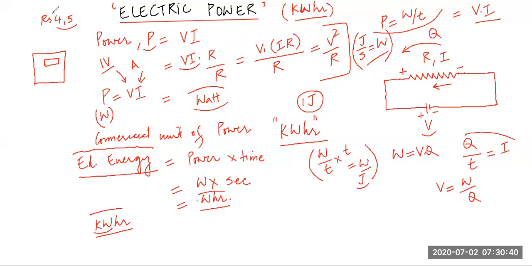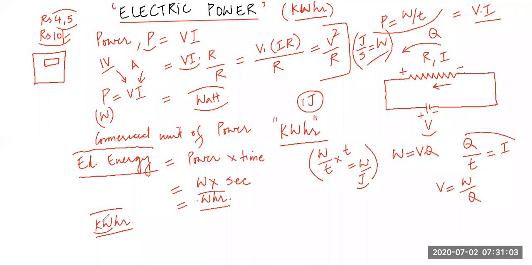And ironically, Punjab, which is producing electricity in Bhakra Nangal Dam, people here are charged 10 rupees per unit. What is this unit? The unit is electrical kilowatt hour. This is the unit of electrical energy consumed.